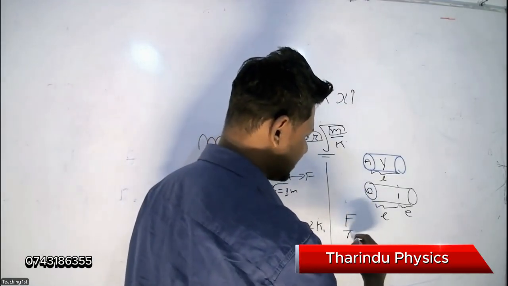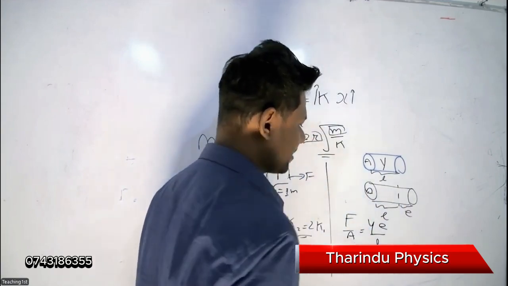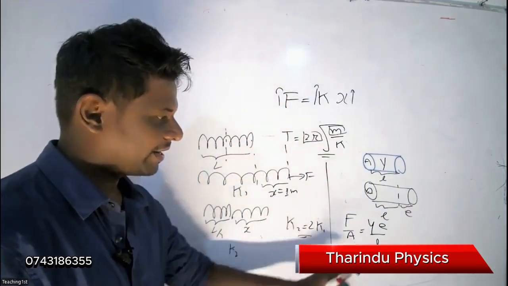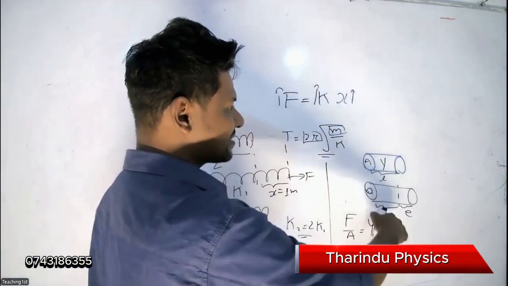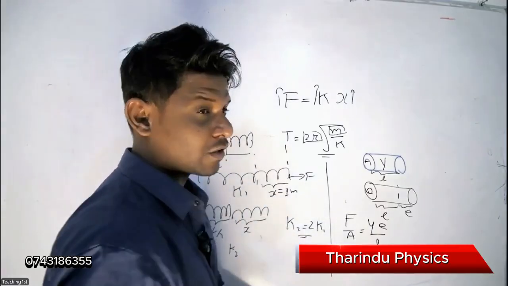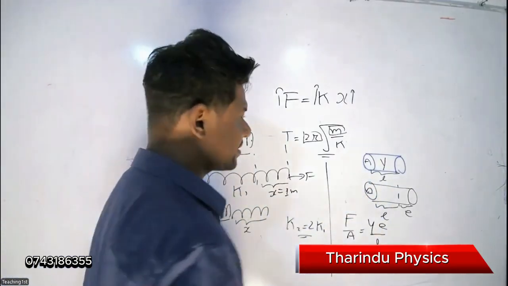F over A equals Y times E over L, right? Here the extension is x, which I took for the spring. So according to Young's modulus, I can take E for the extension the same way.